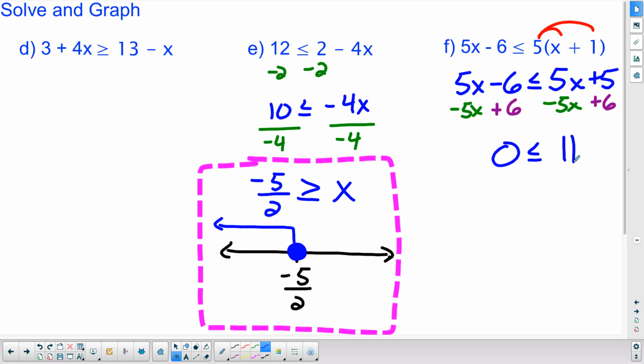It was one of the stations, I think. Yeah, it was definitely one of the stations. All real numbers happens in something. No solution happens in something.